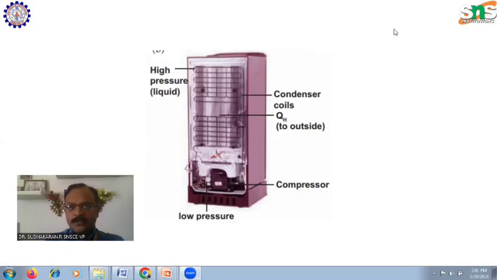It receives work as input in the compressor, compresses and takes away heat from the evaporator and transfers it to the surroundings. So the practical application of second law of thermodynamics is the refrigeration process.